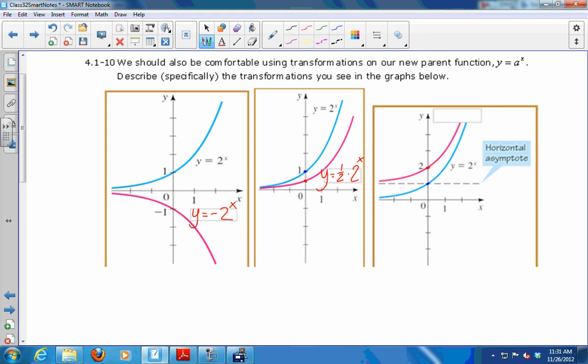The asymptote moved up 1 from the x-axis to y equals 1. So it looks like a vertical shift by 1 unit, right? So how do you change the formula to indicate a vertical shift by 1 unit? Just throw a plus 1, yeah. So this would be 2 to the x plus 1.